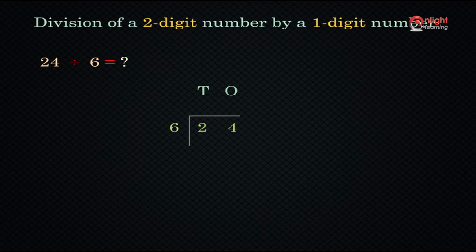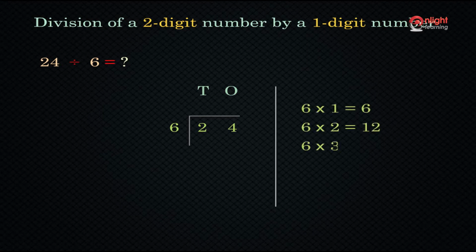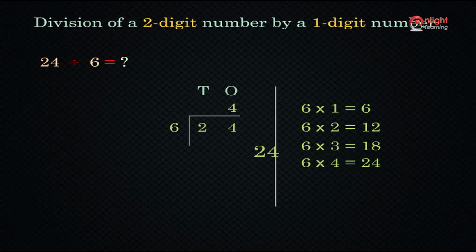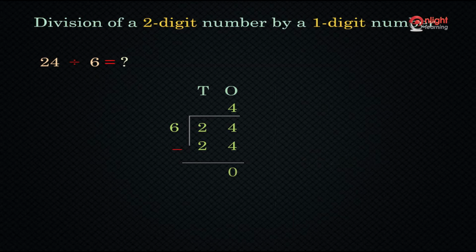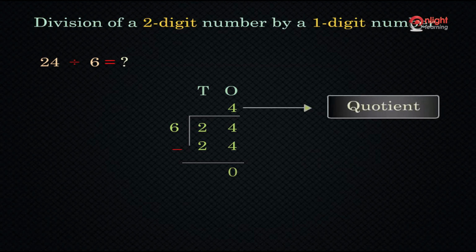Read the multiplication table of 6 till the product is 24. That is 6 × 4 = 24. Step 2. Write 4 in the quotient place. Write 24 below 24 and subtract. Therefore, quotient = 4, remainder = 0.